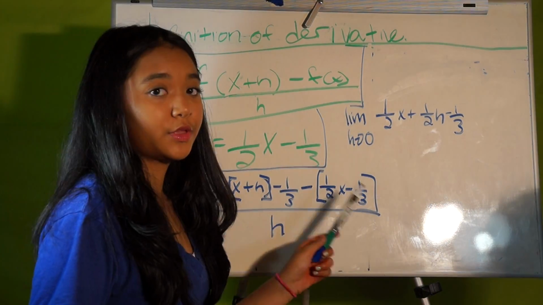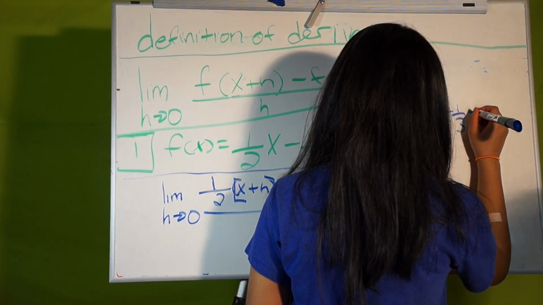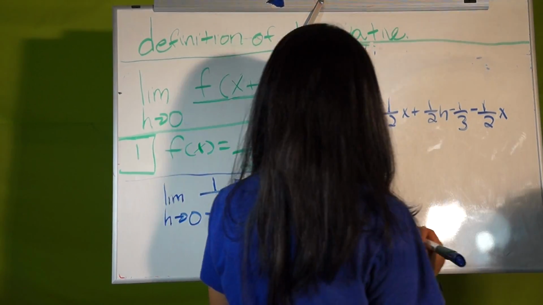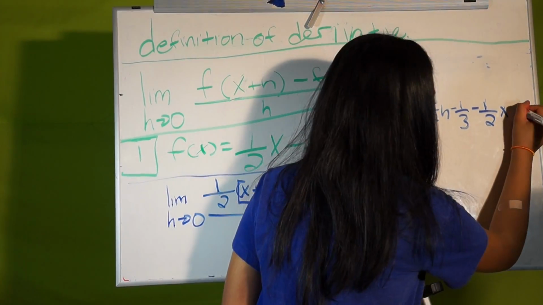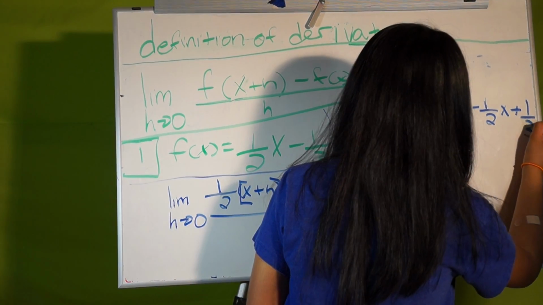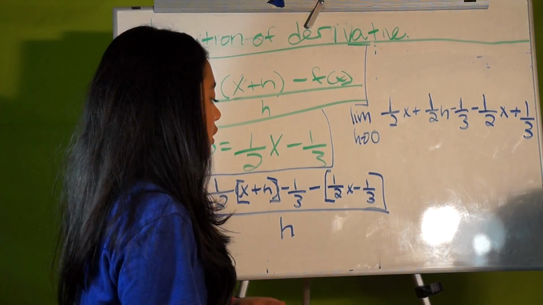Then from here, distribute the negative over here, so you'll have minus 1/2 x plus 1/3, all over h.